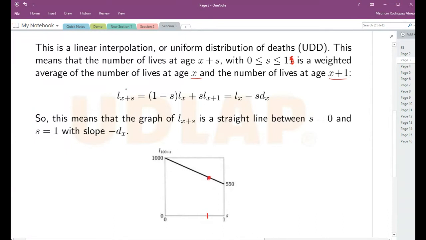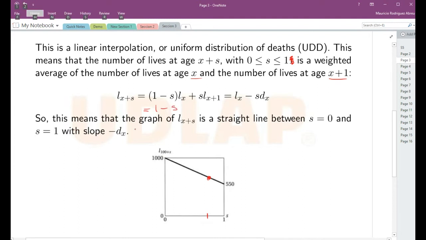What this is telling me is that we take into consideration how far you are from l_x and l_(x+1). You are departing from l_x in this proportion, and you are this close to l_(x+1).